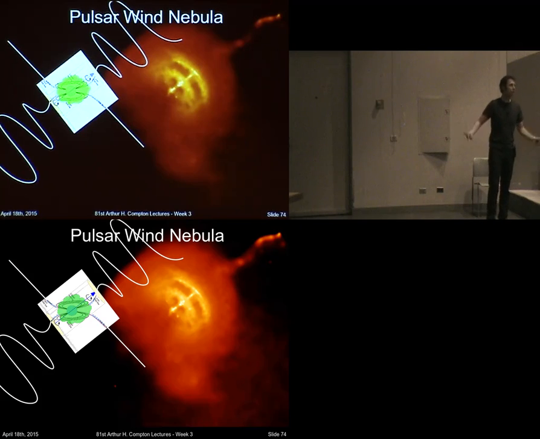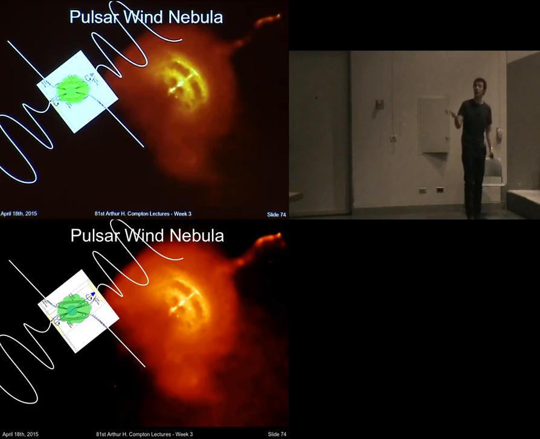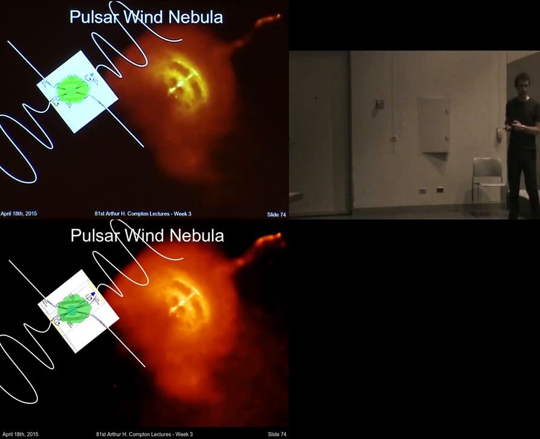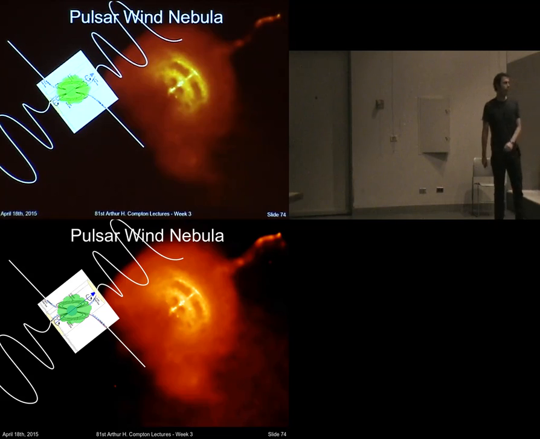Pulsars live for a long time, but as they age, this goes away, and most of the time all you see is what's happening right in the magnetosphere, which is what comes out in the radio emission. But the nebula is still there? No, the nebula disappears. So for most pulsars, you stare at them and you don't see anything except the radio beam.